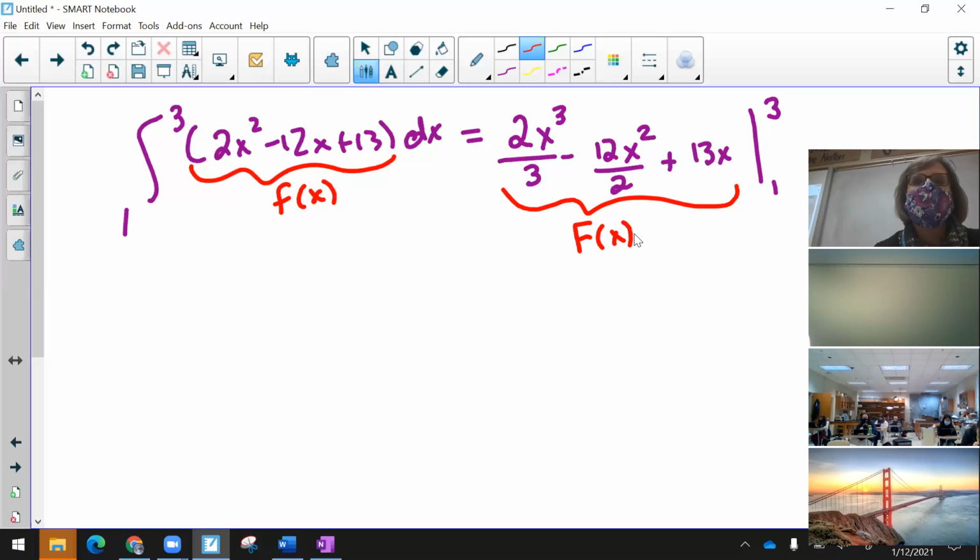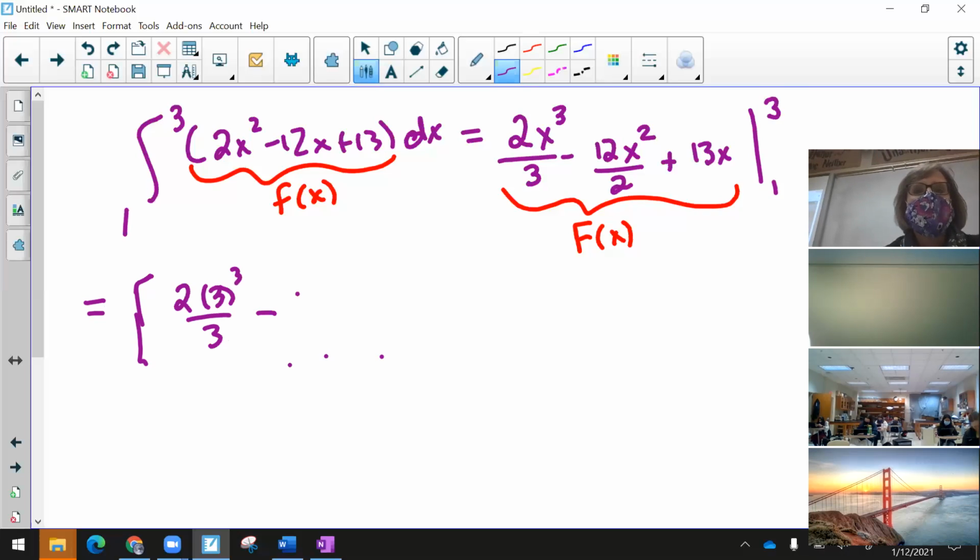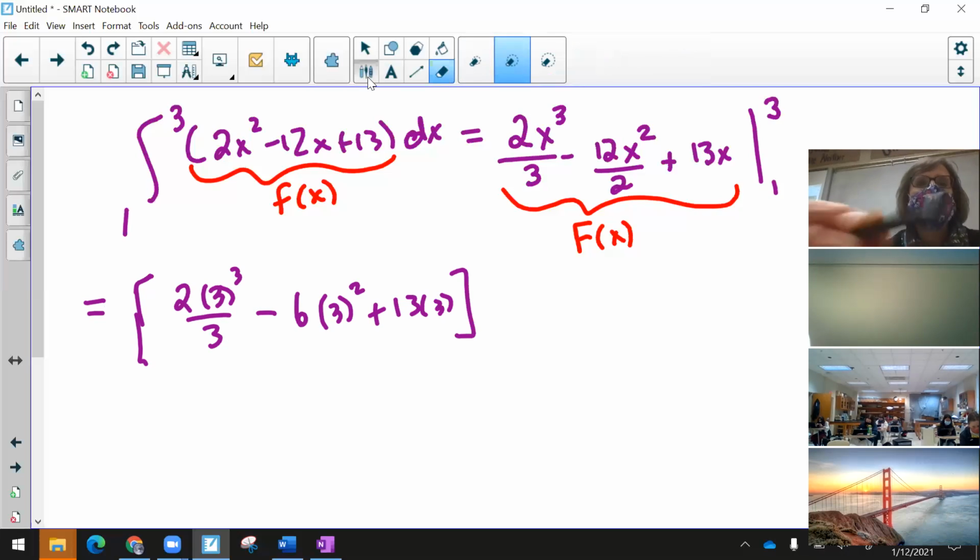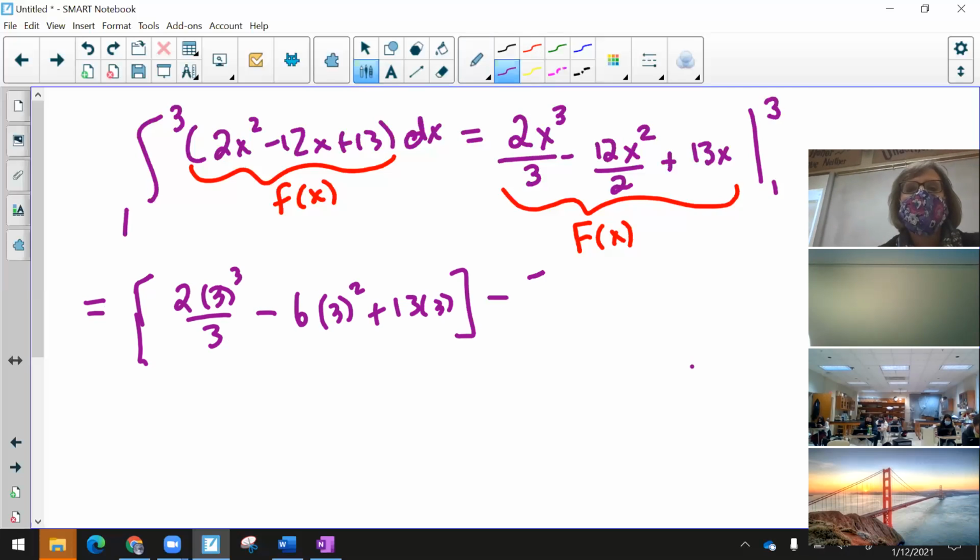Okay? So to continue this problem, what do I do? I plug in the upper limit, so that's going to give me 2 times 3 cubed over 3 minus 6 times 3 squared plus 13 times 3, minus, and then I take my whole thing and I substitute in 1.